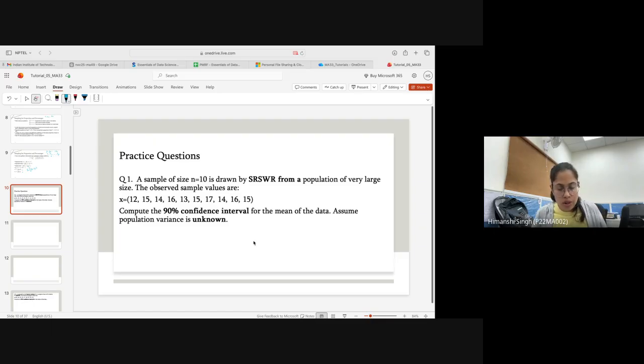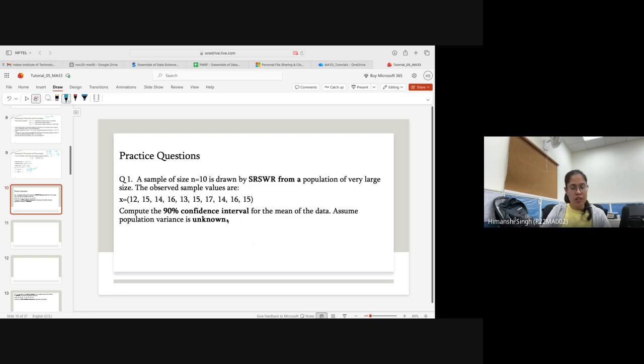Okay, so the first question says that a sample of size 10 is drawn by simple random sampling with replacement from a population of very large size. Whatever the size of the population, we do not know. We know that the sample size is 10 and the observed sample is this. Now I want to compute a 90% confidence interval for the mean of the data.